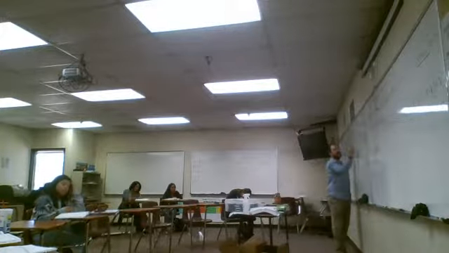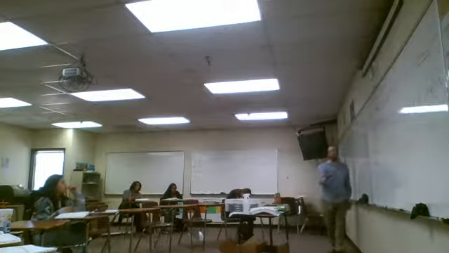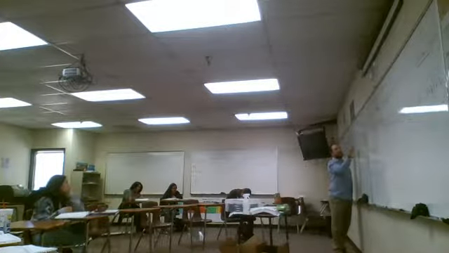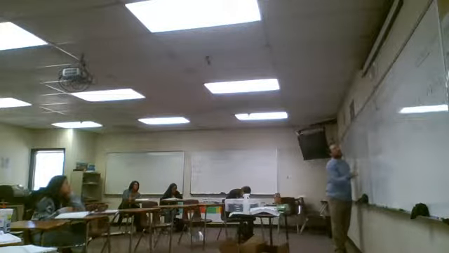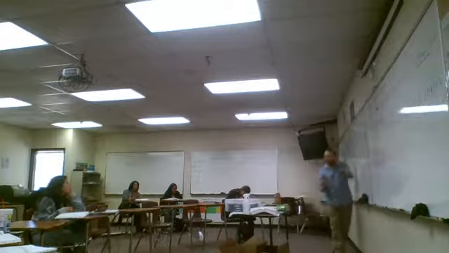z times z is z squared. z times 2i, that's a positive 2iz. And what about negative 2i times z? Negative 2iz. Sometimes I'll write 2z, 2iz. The order doesn't matter.